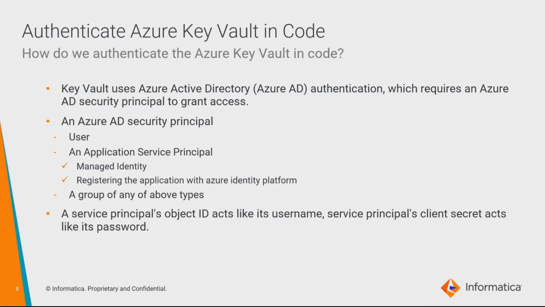First is by using the managed identity, and the other is by registering the application with Azure Identity Platform. A service principal object ID acts like a username, and the service principal client secret acts as a password. So using this username and password, we'll be able to make an API call to get the bearer access token, which will then be used in the authorization for API calls that need to be made to access the Key Vault secrets.